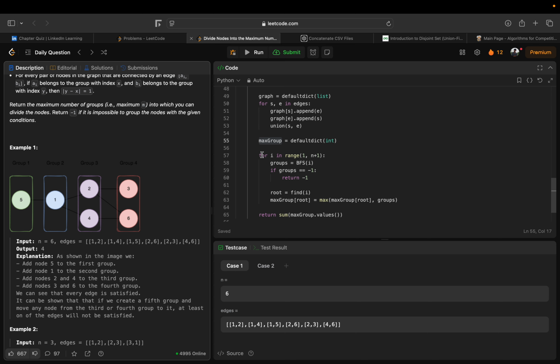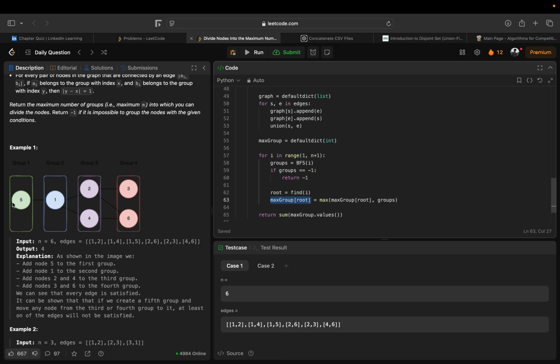So for every i in the range 1 to n, we process from every node and find the maximum number of groups possible from that node. Root is the representation of one graph.